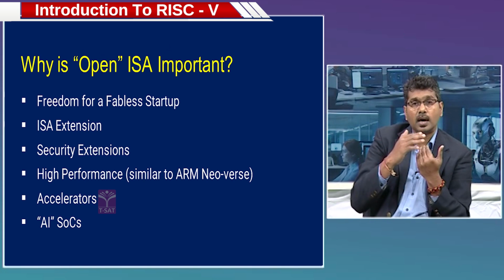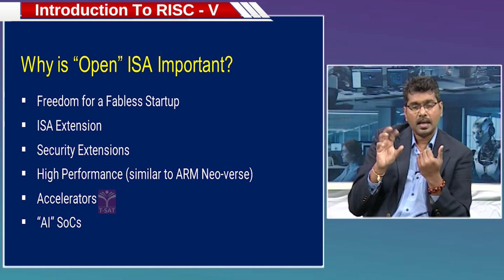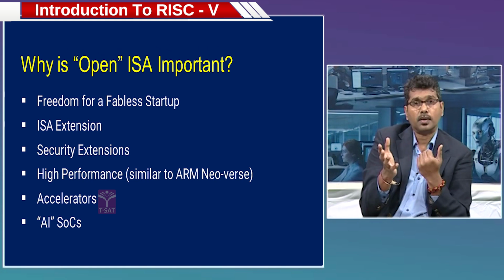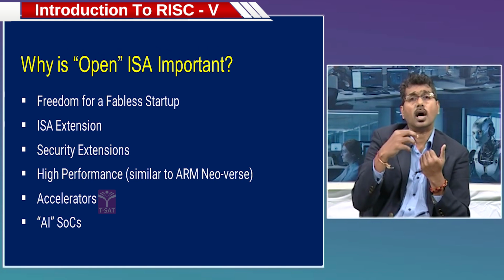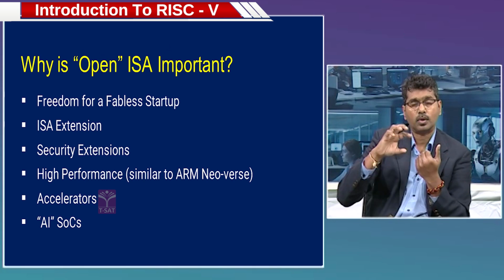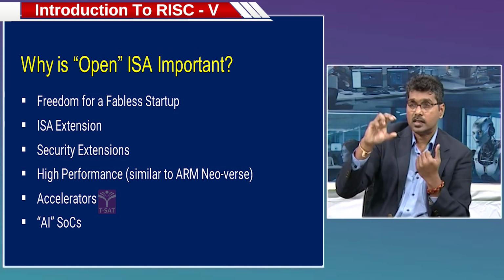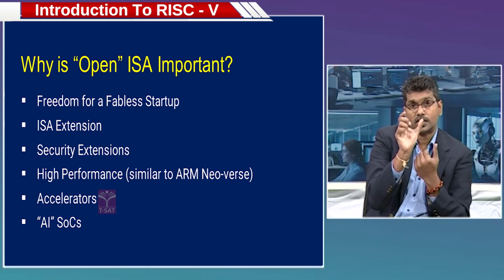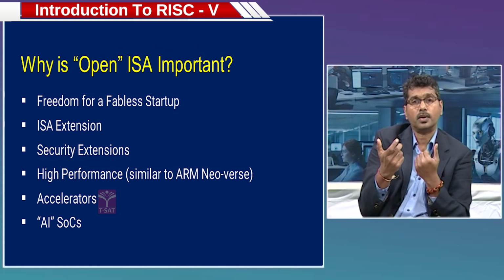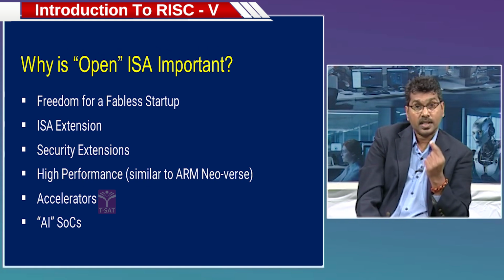A lot of people have good ideas of, hey, I want to be able to do this. But earlier you didn't have the choice, and now you have the choice. Like I said, similar to how you were able to add your own stuff in Linux. Once Linux came, you could do innovation at the OS level that you couldn't do earlier. Similarly, with RISC-V, you could extend the instructions and add your own innovations that you couldn't do earlier. Third one, security extensions.